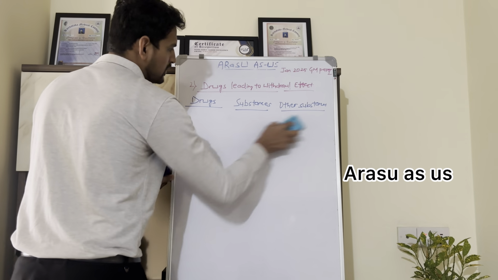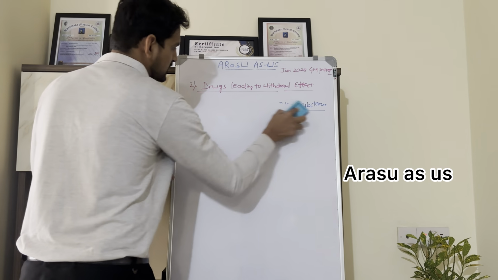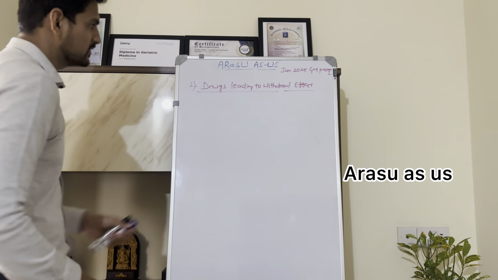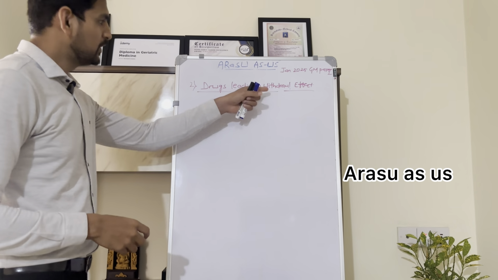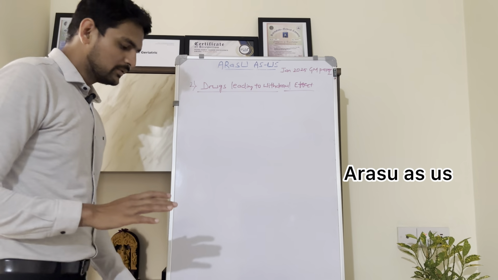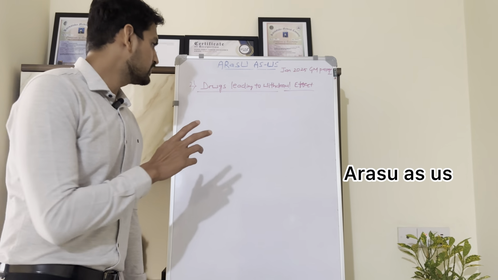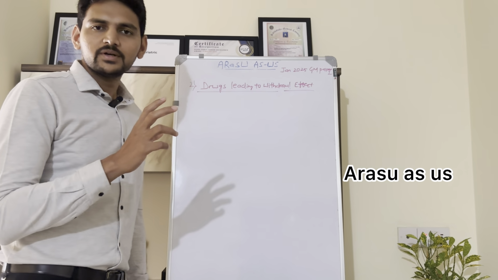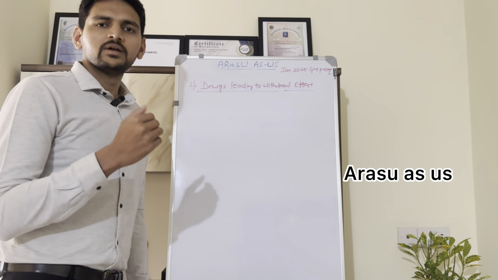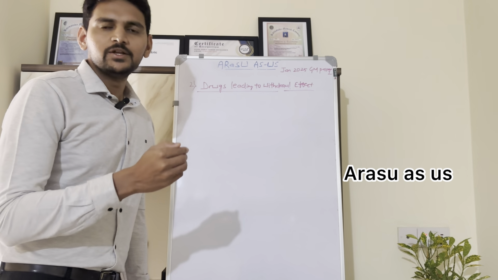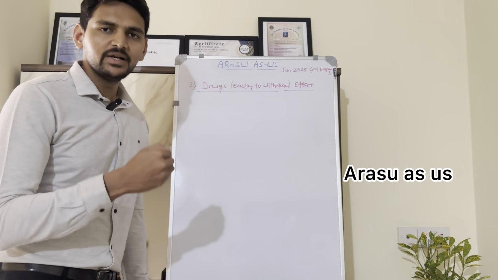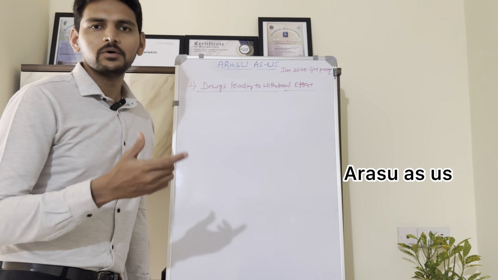The main thing in the second part of the question is the symptoms seen during the withdrawal state. To imagine it easily, suppose an individual is addicted or completely dependent upon caffeine, coffee or tea.